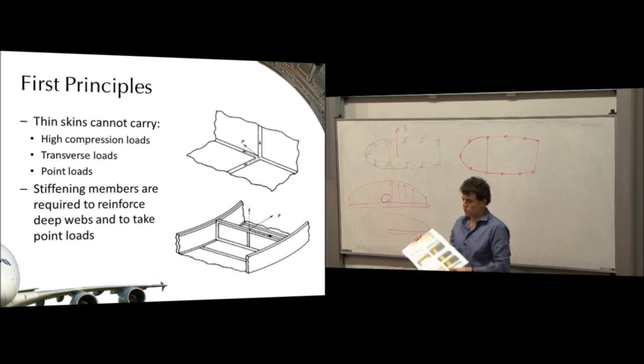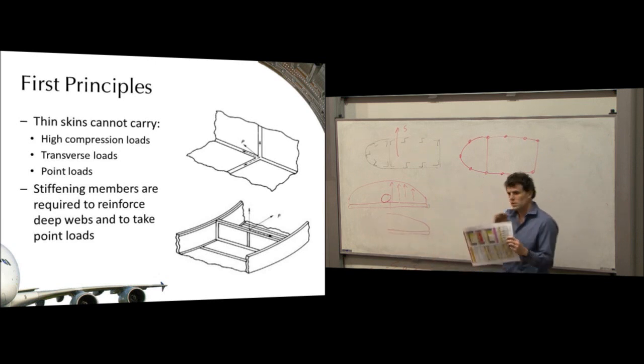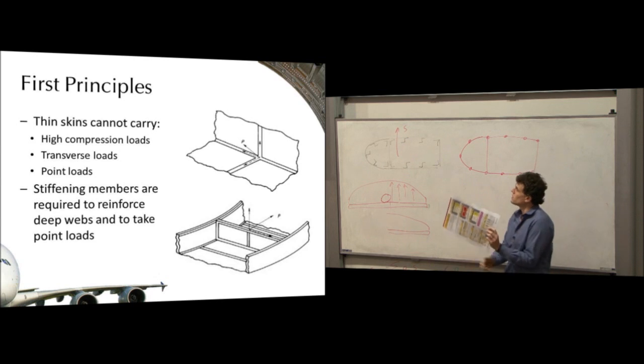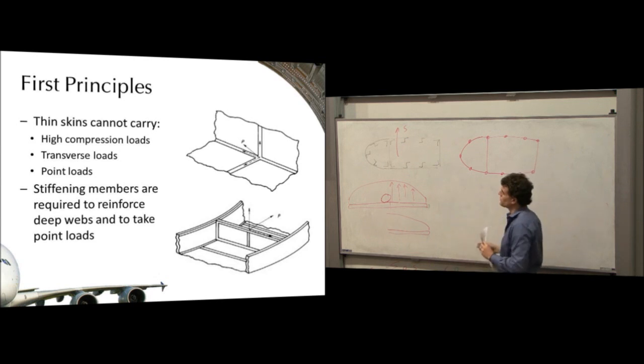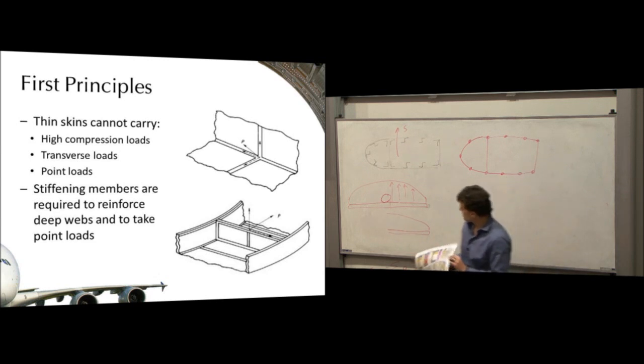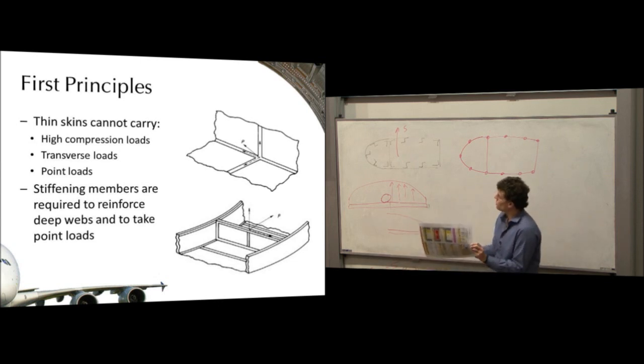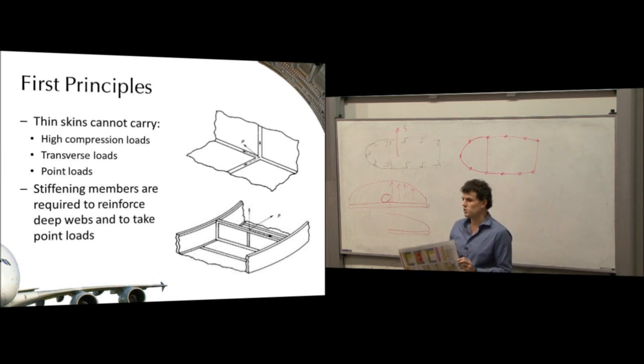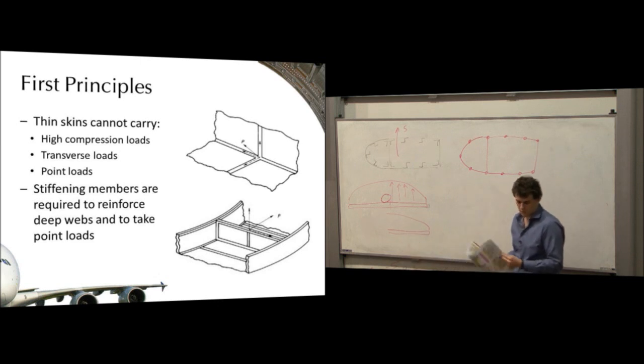They can't carry transverse loads very well, they will just deform under a transverse load. And they can't carry point loads. So if I grabbed a small little point and pulled on it, I would just tear through my skin. I need some stiffened structure around the outside to introduce point loads in. Now, stiffening members, we assume, if they're around the outside or in the middle, carry direct loads but don't carry anything else.